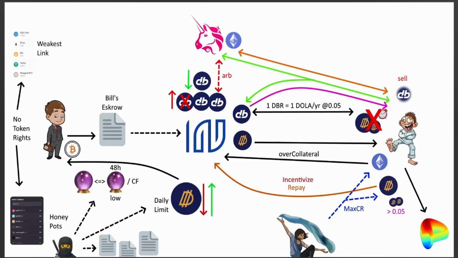So that's basically how a lot of hacks have happened in the past to these lending protocols. He borrows, he messes with the oracle price, then flash loans, messes with the oracle price, borrows a whole bunch of cash out, and then uses that to repay his flash loan, right?